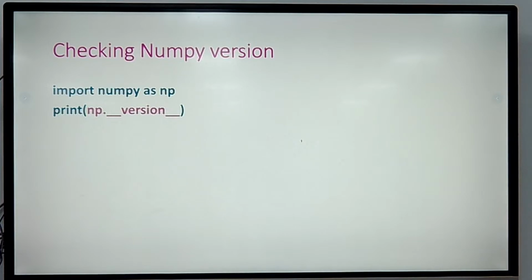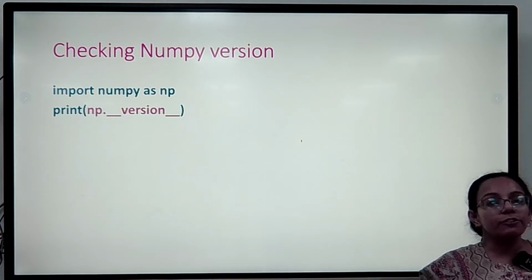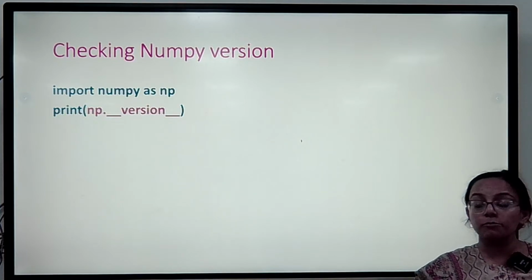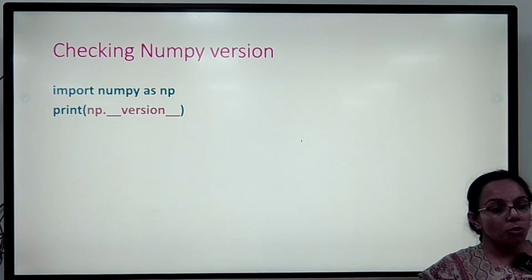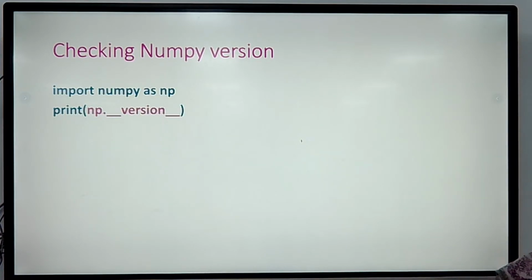Next is how to check the version. Now why is a version coming up every time? Because there is an improvement in the functions, there is an improvement in the modules, there is an addition of some newer functions. There is deletion and removal of some old functions that could not be used. So there is always a newer version of any library, any programming language, any software, any operating system.